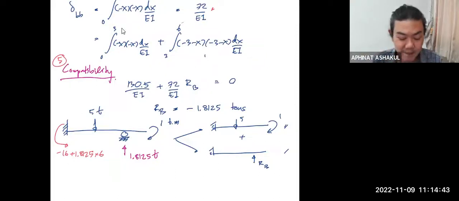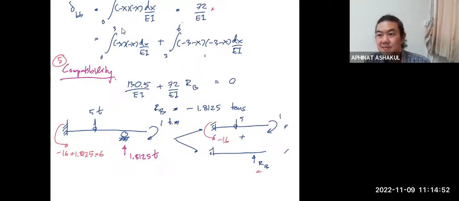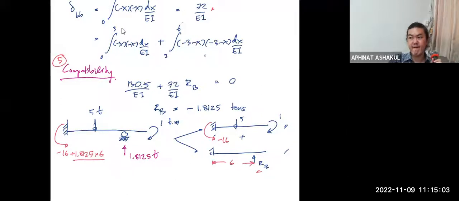Right? So minus 16 here comes from the first case. So now I just add the moment from RB, which is the RB itself multiplied by 6, right? That is the moment. It is 3.1875.